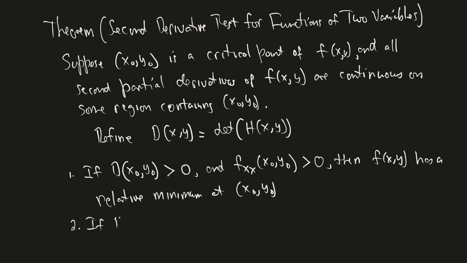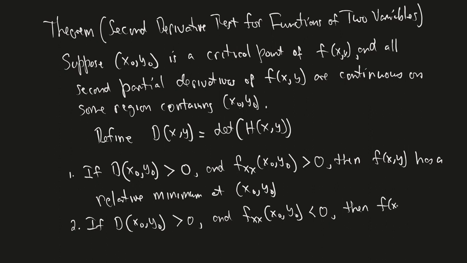Next, if our D evaluated at x0, y0 is greater than 0, and our fxx evaluated at x0, y0 is negative now, then our surface has a relative maximum at our critical point, right?